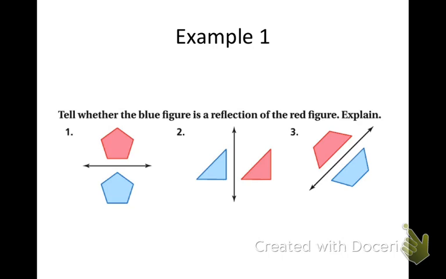So let's tell whether the blue figure is a reflection of the red figure, and we're going to explain our answer. So for number 1, no. It is not a reflection. It is a translation.